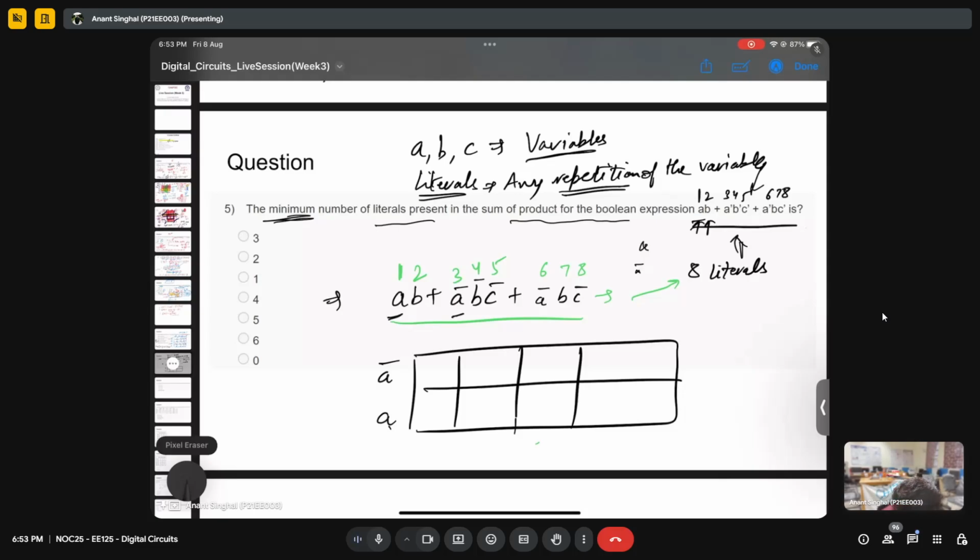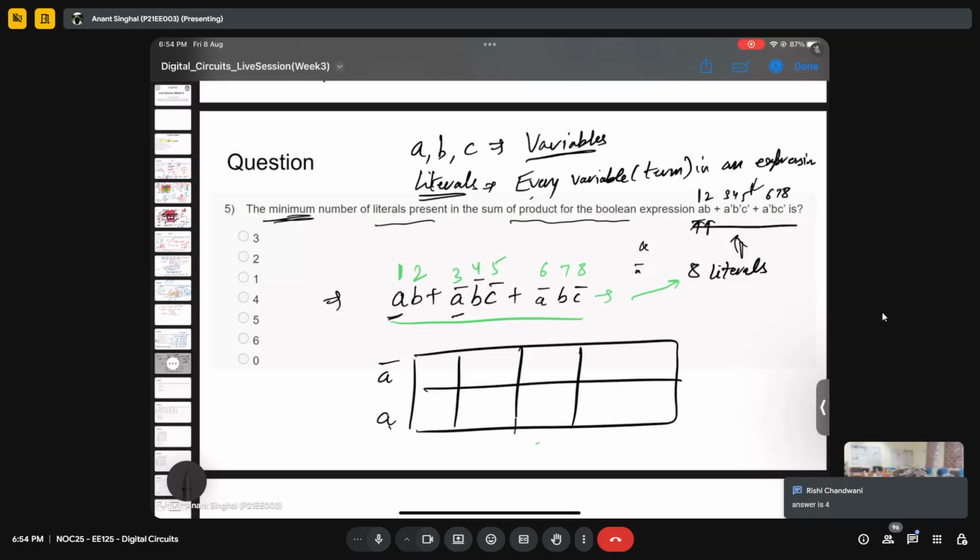You can say every variable or every term in an expression is a literal. Is it clear now, everyone? Yes, sir.